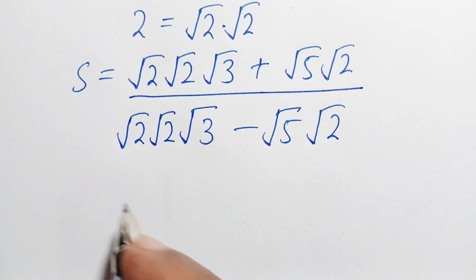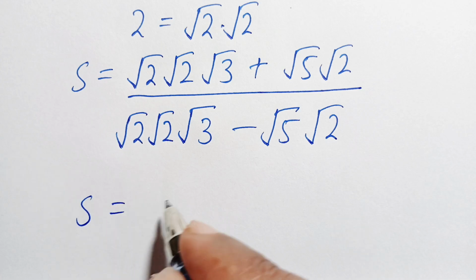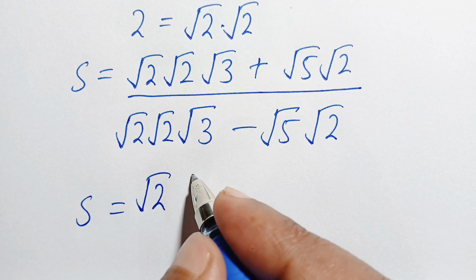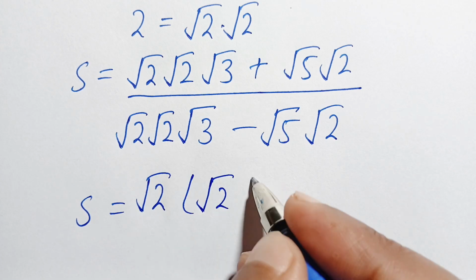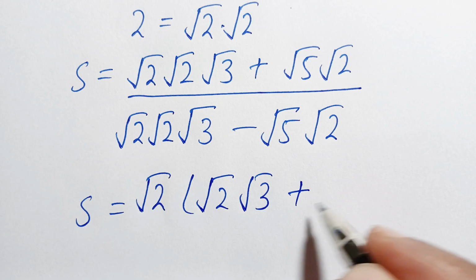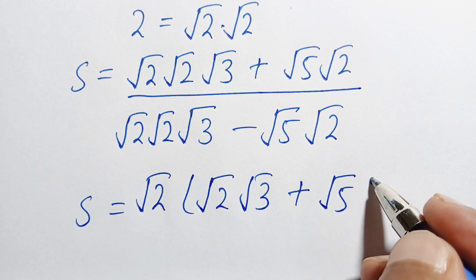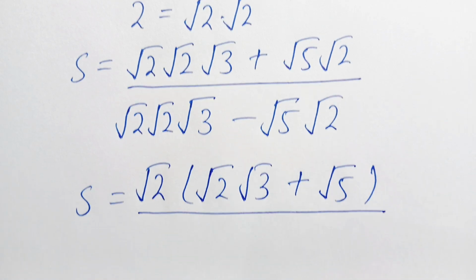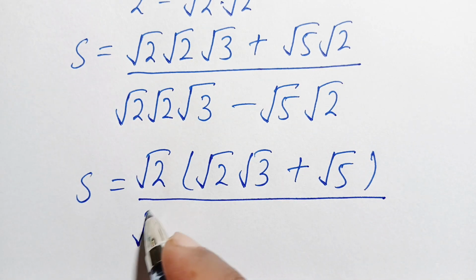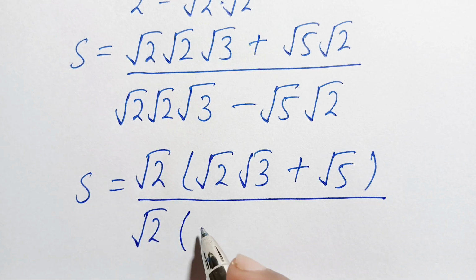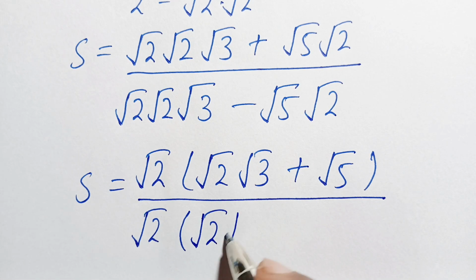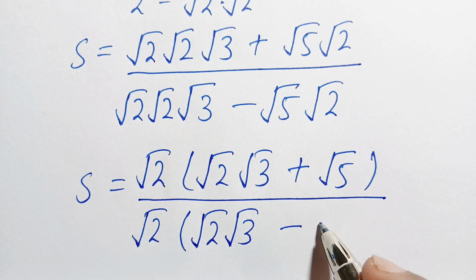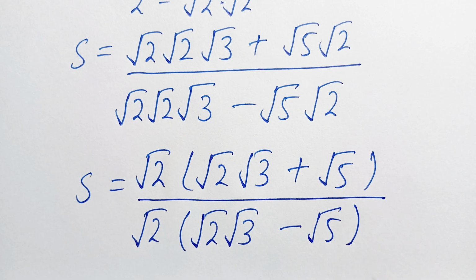Now S equals, by taking the highest common, that is square root 2, and the leftover term is square root 2 times square root 3 plus square root 5, divided by, here the highest common is square root 2 and the leftover term is square root 2 square root 3 minus square root 5.